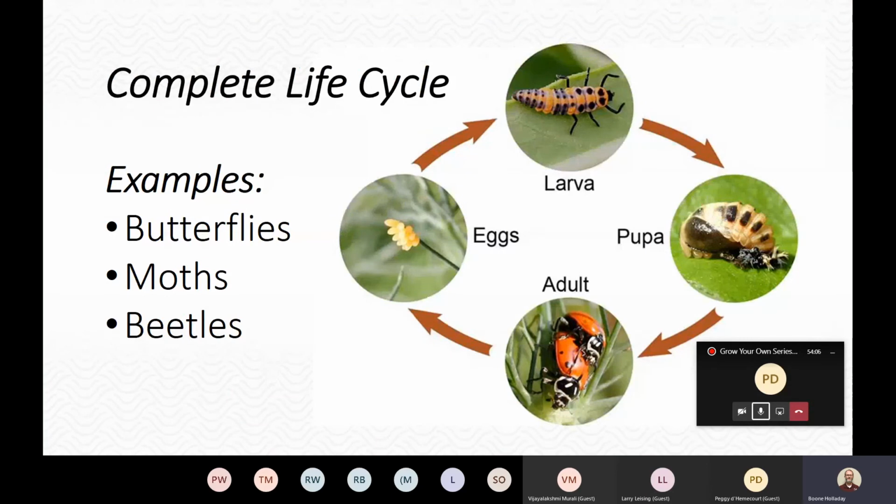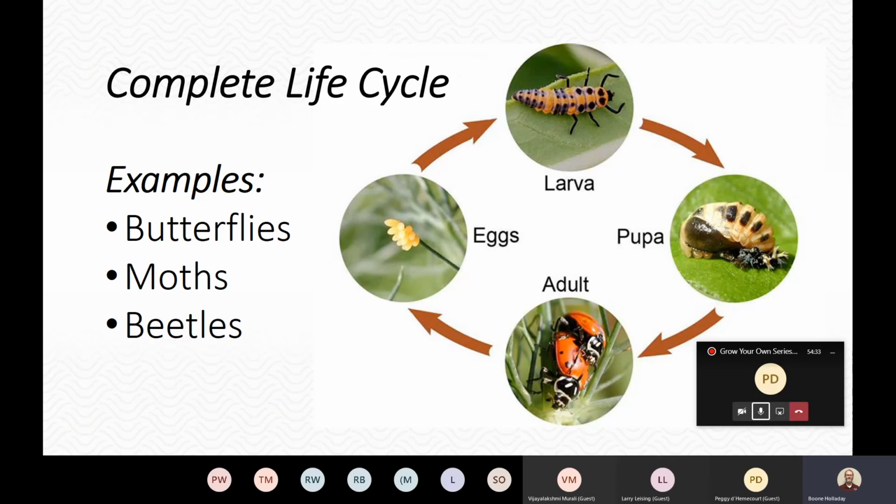So when we're looking at pests and doing pest identification, there are just a couple of simple things we want to try to understand so that we can start learning what we are seeing out in the garden. There's a range of insects that go through a complete life cycle, meaning they have a larval stage and an adult stage.